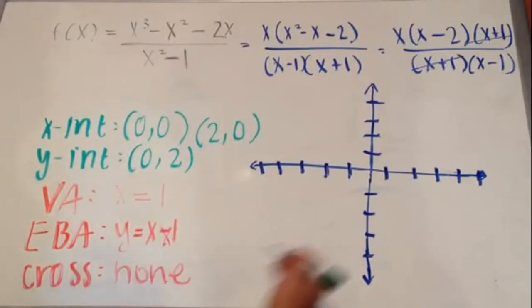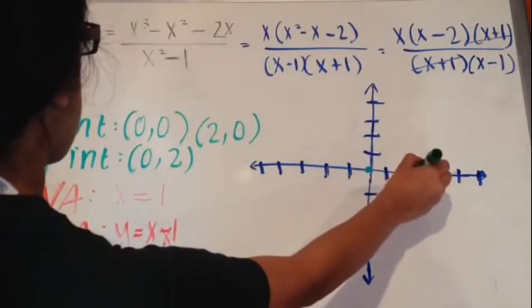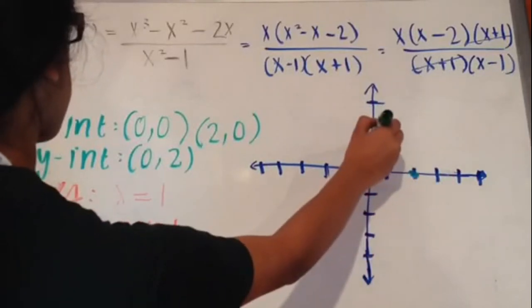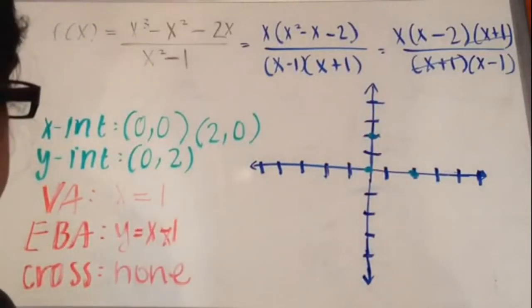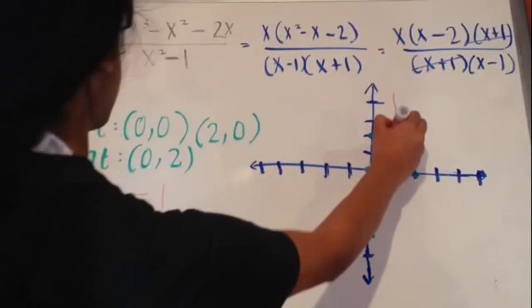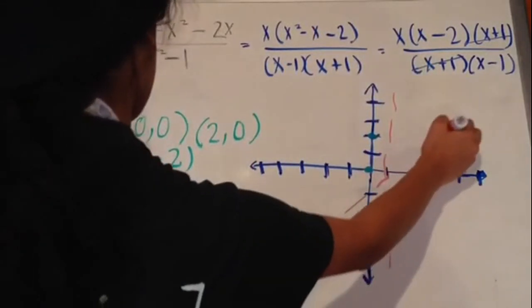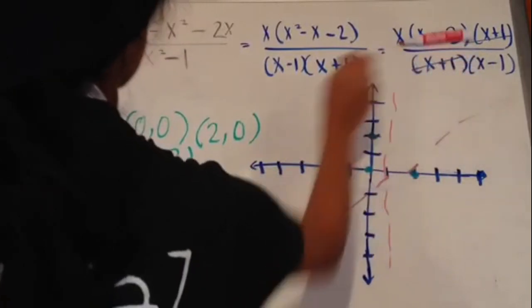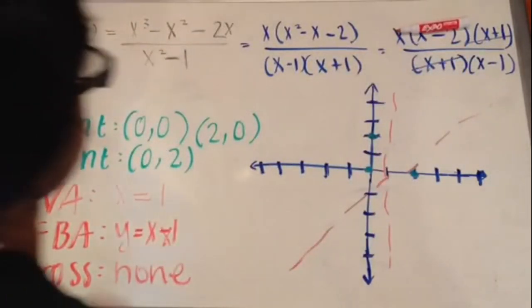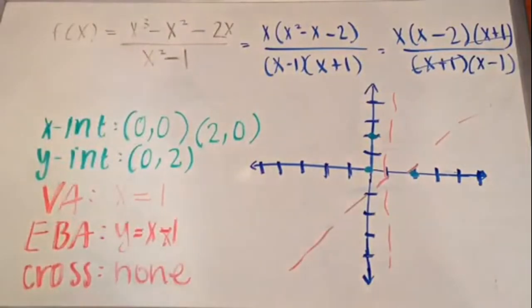Now let's graph this. Vertical asymptote. Now we're going to graph a few additional points.